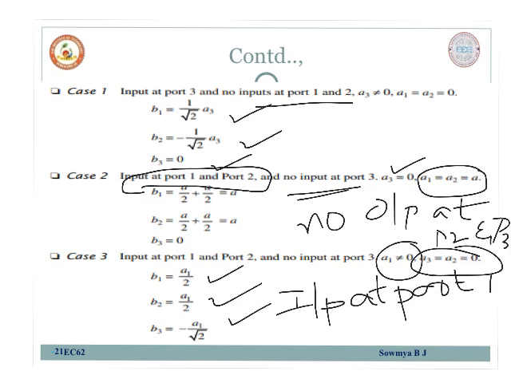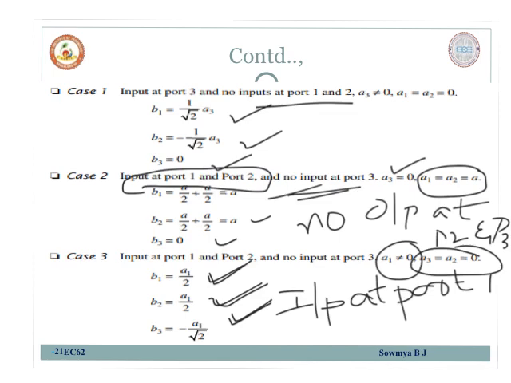In such a case, B1 is A as well as B2 is A, but B3 is equal to 0. Now, moving on to case 3, there is an input given at either port 1 or port 2, no input given to the other collinear port and no input given to the E arm. In such a case, the output at port 1 will be A1 by 2, output at port 2 will be A1 by 2 and output at port 3 will be minus A1 by root 2.